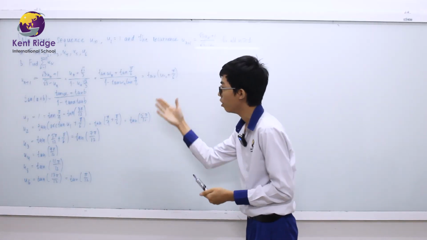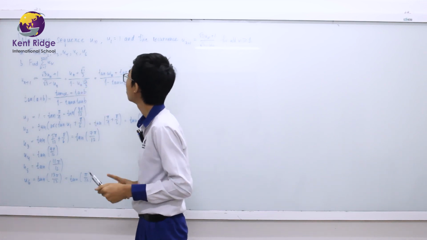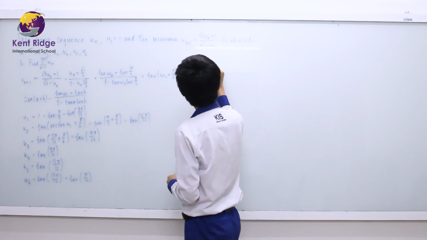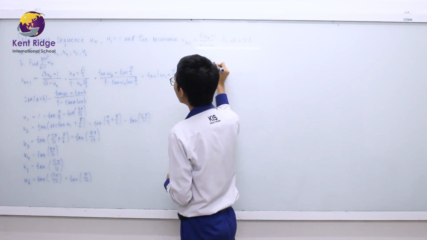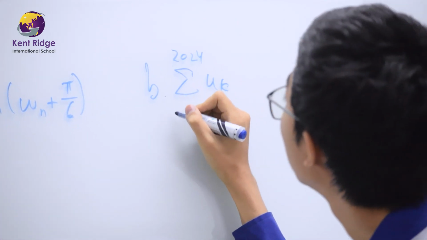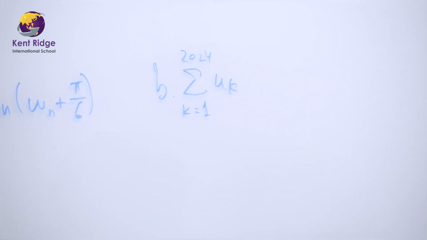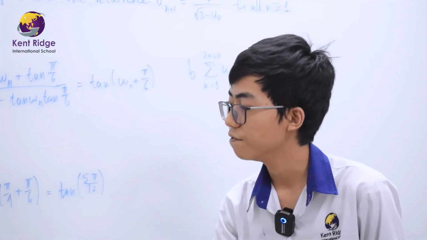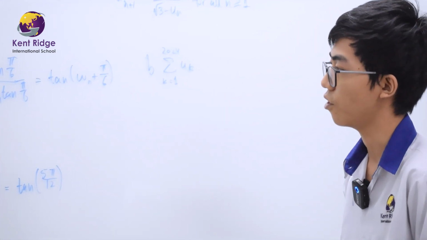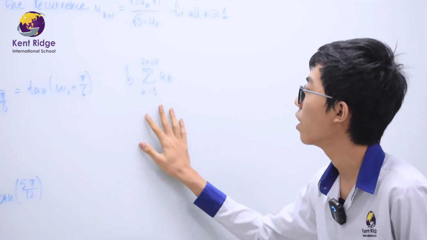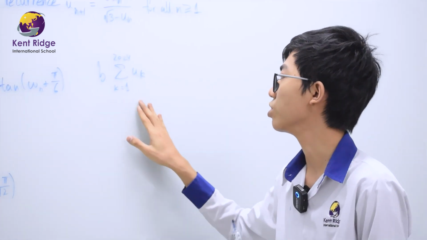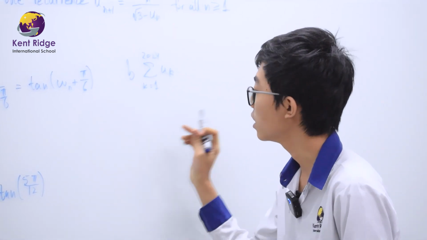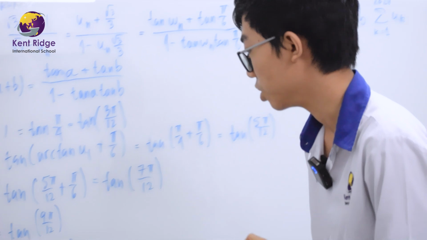Now that we have all this, we can go to the next part of the question, which is finding the sigma of this sequence from 1 to 2024. So there's a reason why we had to find from the first until the sixth term. What you want to do is figure out the sum of all terms from 1 to 2024. But if we can figure out a pattern, we can cut that down to size and make it much easier.